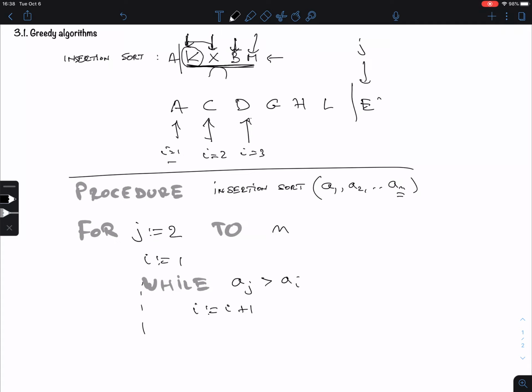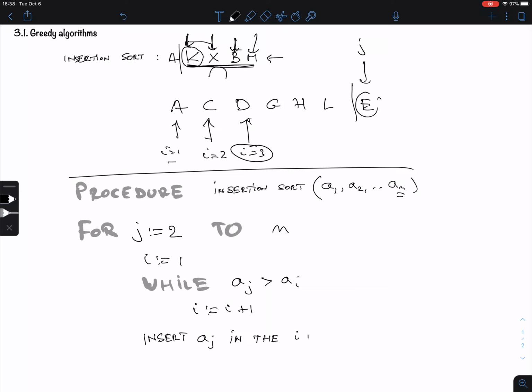So insert aj in the ith. Let's think about this. I at this moment would be 3. I'm thinking, is it the ith or the I plus 1 spot?